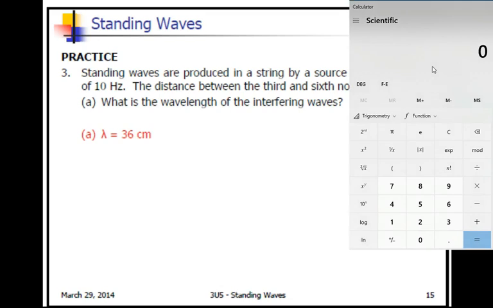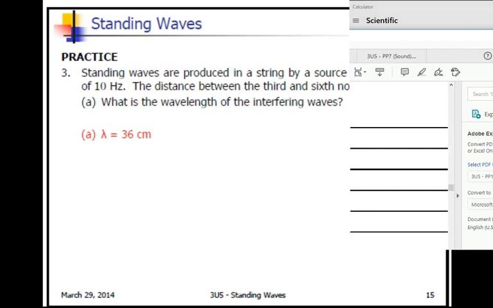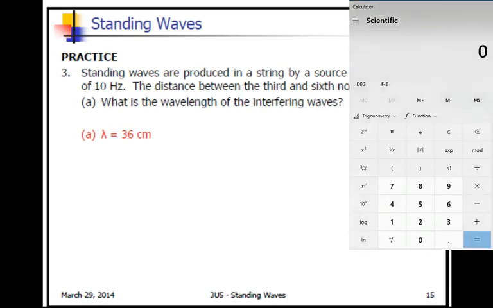From 3 to 4 is 1, 4 to 5 makes it 2, 5 to 6 makes it 3. So that's 1.5 wavelengths. So the distance for 1.5 wavelengths is 54 centimeters. 54 divided by 1.5 gets us to 36 centimeters. That's our wavelength. So it's a bit tricky to understand that.